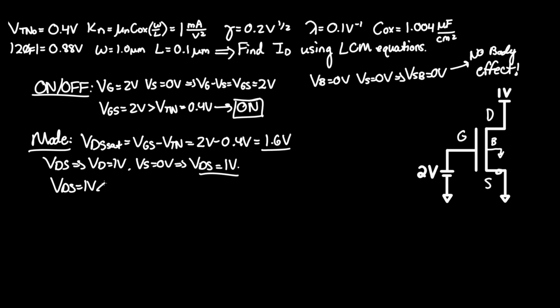It is, of course, less than VDS sat. And as you know, if it is less than VDS sat, then it is automatically in triode mode. This gives us all the information we need to calculate the current going through ID, which is over here.